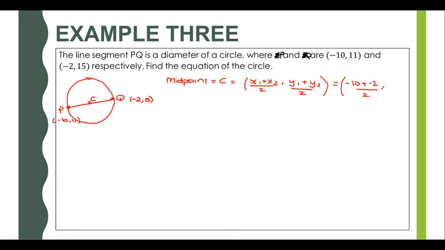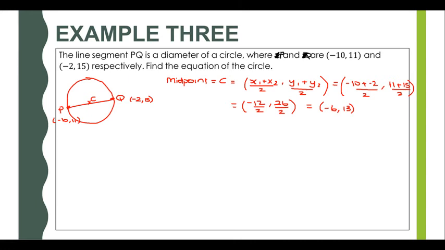And if we add our y's together, we've got 11 plus 15 divided by 2. Which we can simplify to minus 12 over 2, 26 over 2. And we can simplify this further to get minus 6, 13 as the coordinate of our centre.